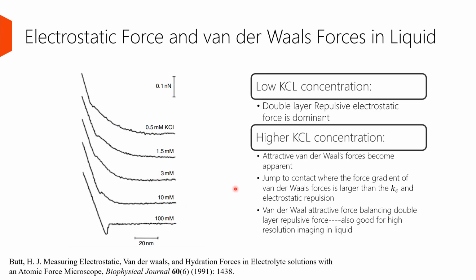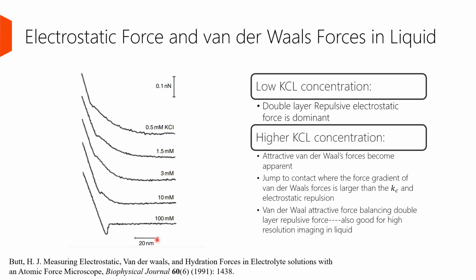In this example, the force curves were done in different concentrations of potassium chloride. In low concentration, we can see that there is a long-range repulsive electrostatic force. As the concentration increases, the repulsive electrostatic force decreases. At some point, at high concentration, at 100 millimolar, the attractive van der Waals force becomes dominant.